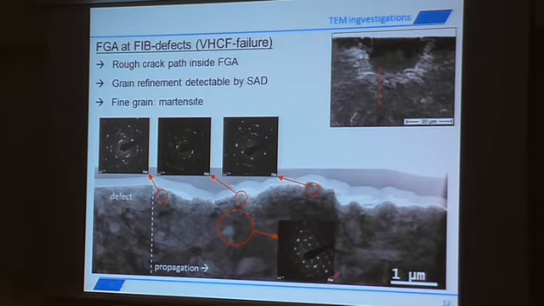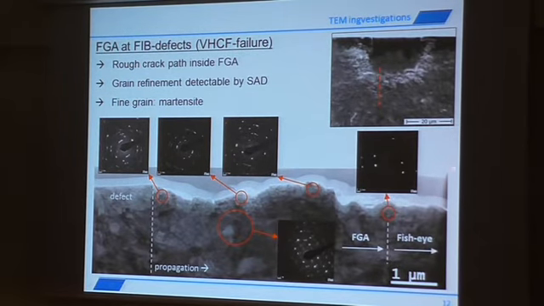Shortly below, this grain refinement is not detectable, so it's, again, like at inclusions, a very thin layer of microstructural change. These fine grains consist of martensite, just like at inclusions.